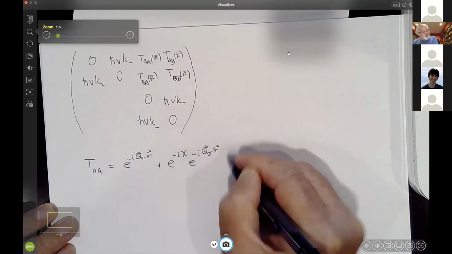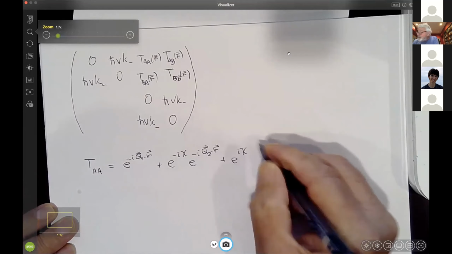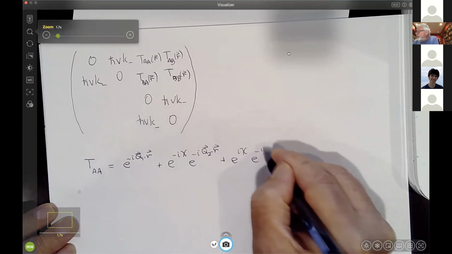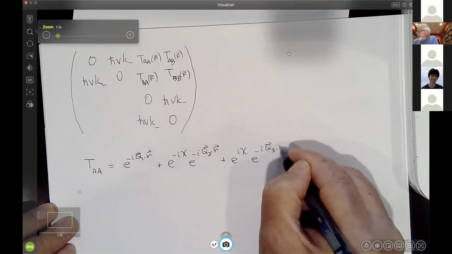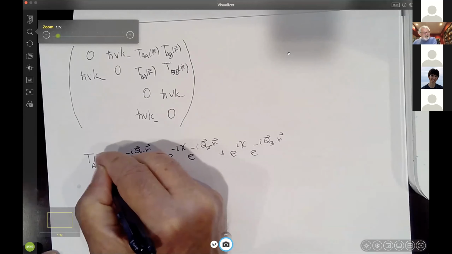And it gives this result. So the tunneling is position dependent.